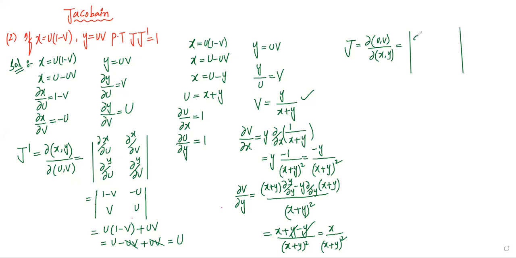So how to write this value? Dou u by dou x, dou u by dou y, dou v by dou x, dou v by dou y. Now, what are the answers?